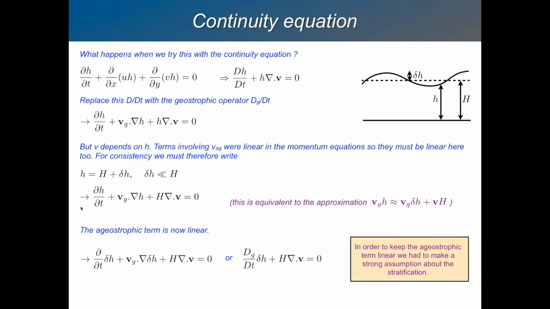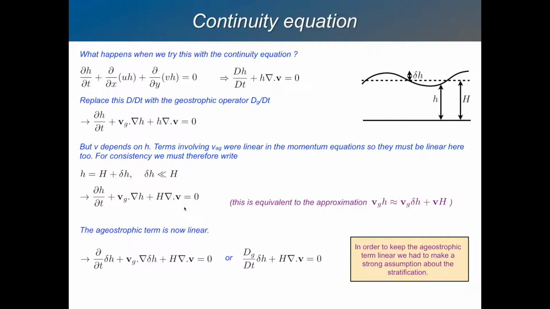And then we can linearize this term in the ageostrophic flow by just assuming for that term only, not for this term, because we need gradients in this term. But for this term, it's just a constant times the divergence of the ageostrophic flow. So that is a consequence of the assumptions we've made. We have to do this with the continuity equation.